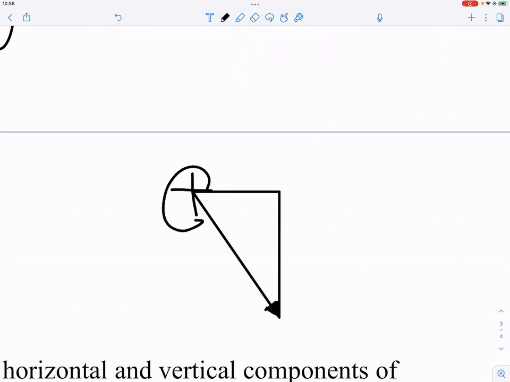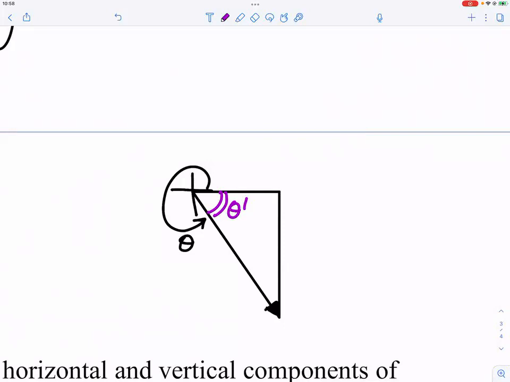So the actual theta is here. But what you would do is find out this part right here, call this theta prime, and do 360 minus the theta prime to find out the actual theta.